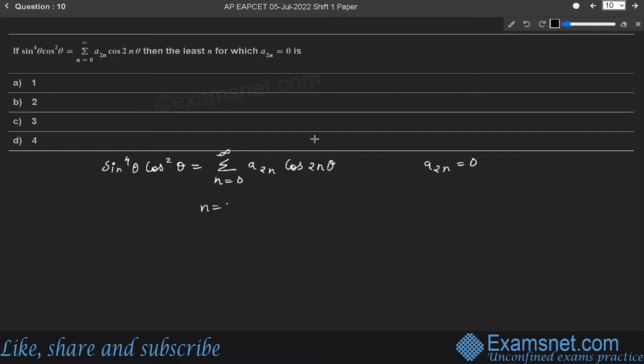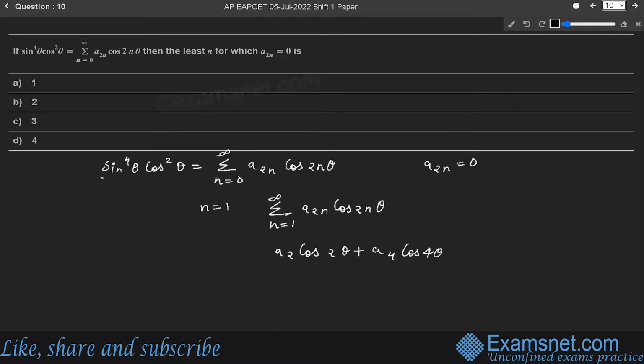Suppose the value of n is 1, then it becomes the summation of n equal to 1 to infinity of a₂ₙ cos 2nθ. On putting n equal to 1, it will be a₂ cos 2θ plus a₄ cos 4θ.